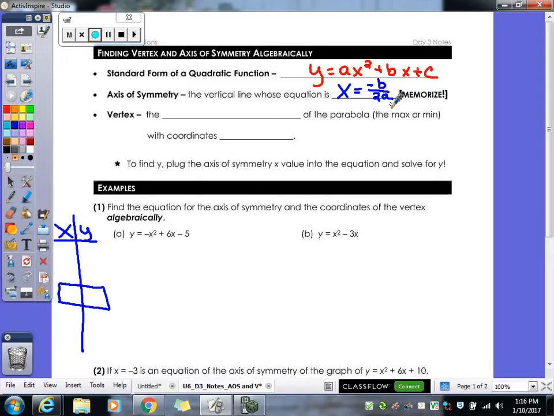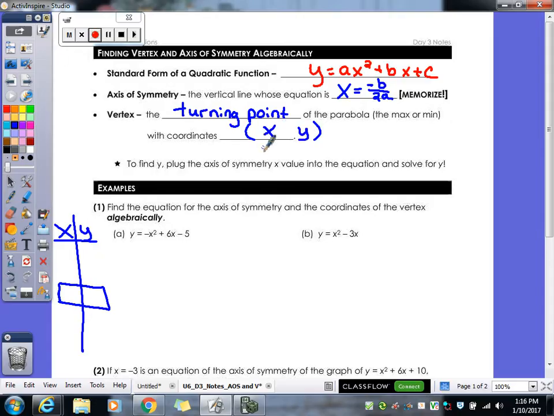The vertex is, again, the same thing as, some of you don't remember this, the turning point of the parabola. It's either a max or a min. Now the coordinates are this. You take this part, which is the axis of symmetry.